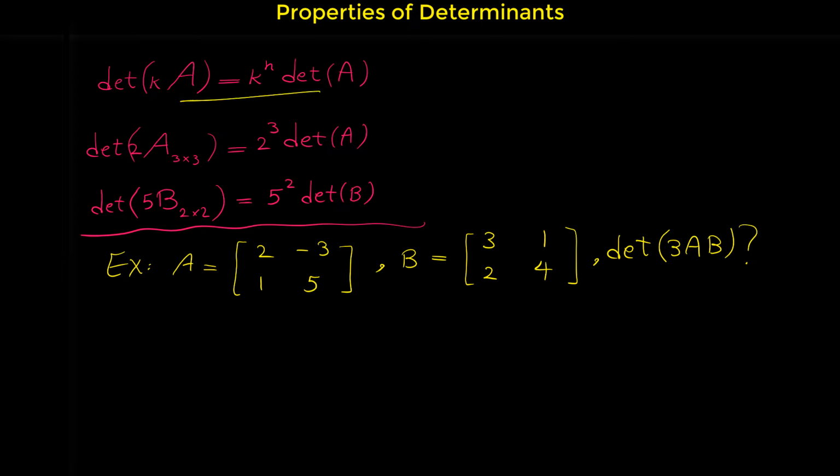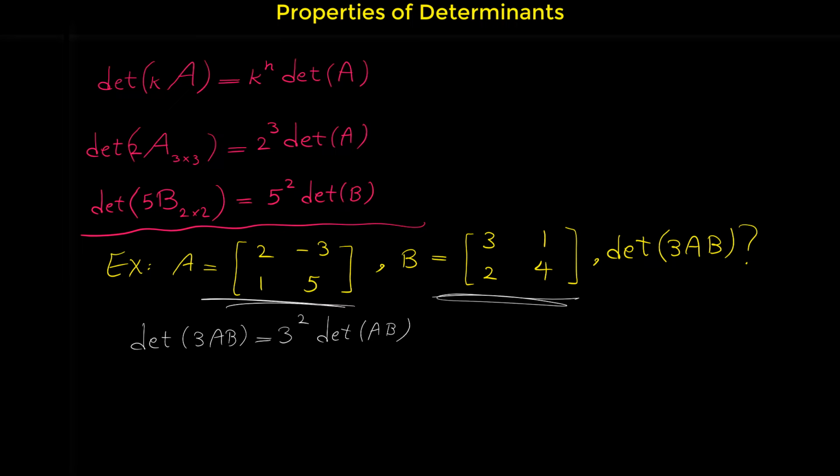From this property that we learned, first we can write this in the form of 3 to the power of 2 times determinant of AB. We can bring this constant out and write it as 3 to the power of 2. Why is the power 2 here? Because the matrices A and B are 2 by 2. So when we bring this constant out of the determinant, we have to raise it to the power of n, where n is the number of rows or columns. And because these matrices are 2 by 2, we raise 3 to the power of 2.